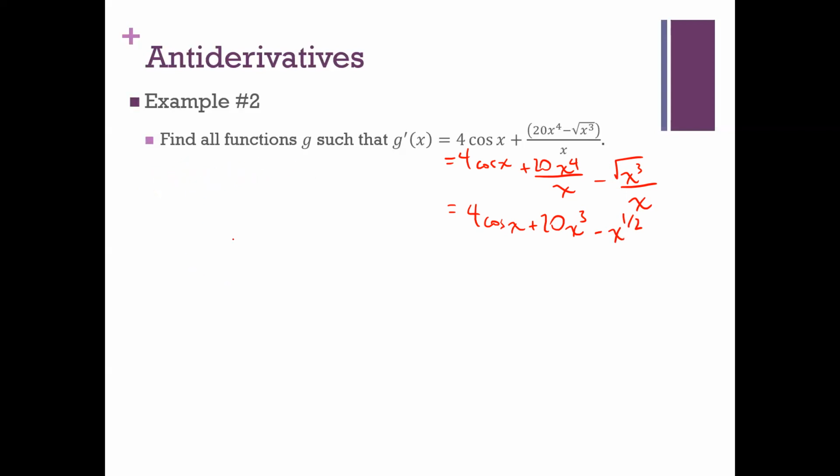So from there, is that an antiderivative we can handle? We already did the first term, so this will be 4 sine x. We're going to handle the rest of those one at a time. So how do I find a function whose derivative is 20x cubed? Or how do I find the antiderivative of 20x cubed?